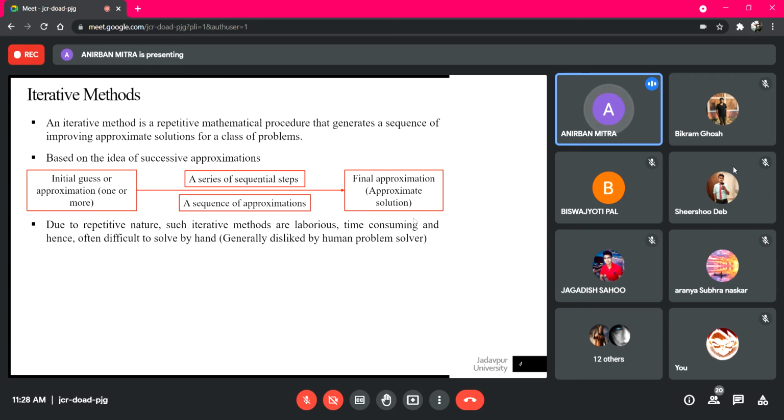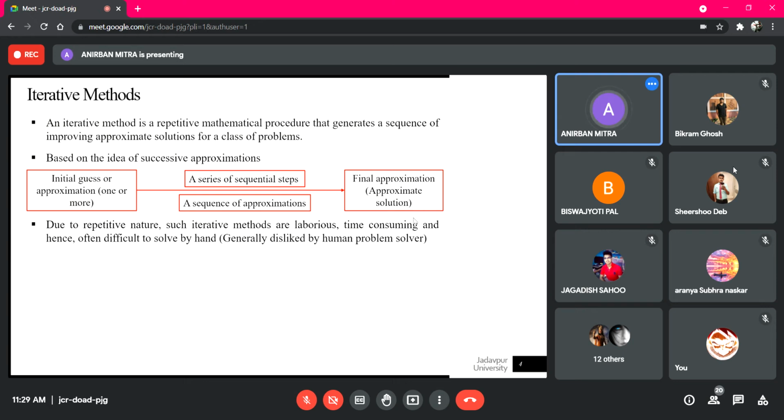Suppose those sequential steps are to be repeated 100 times, or maybe even more than that. If you do it by hand, definitely you will lose your efficiency after a few steps. So that is a problem with these kinds of iterative methods.